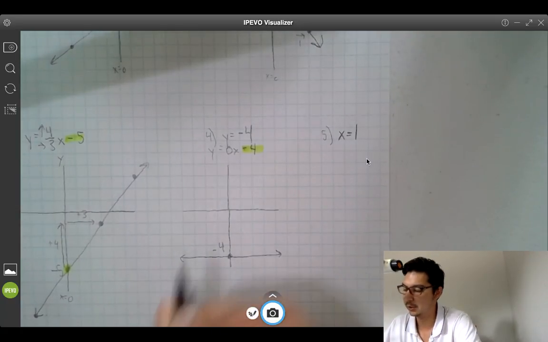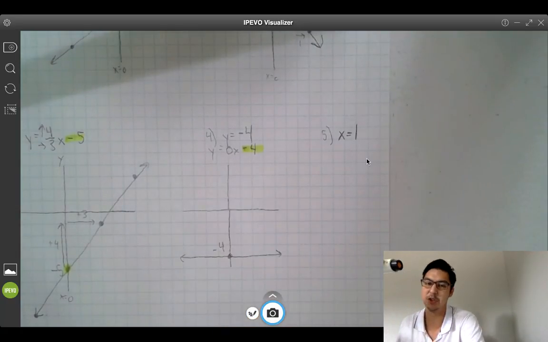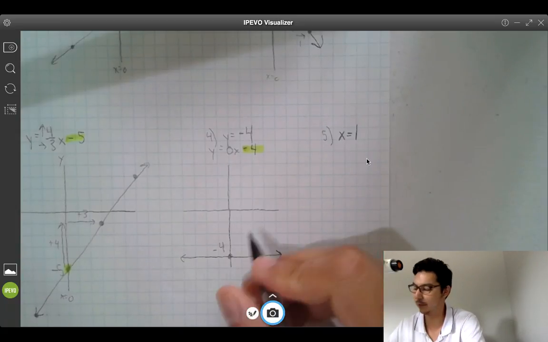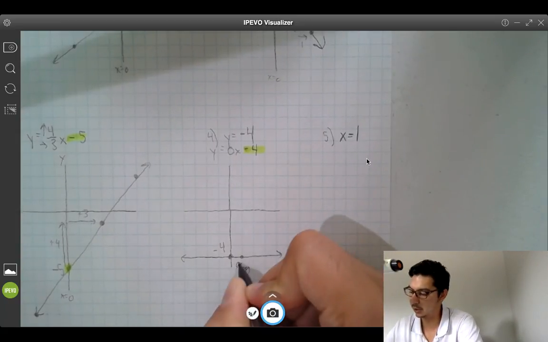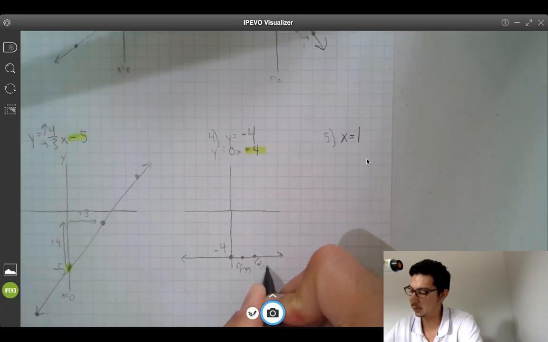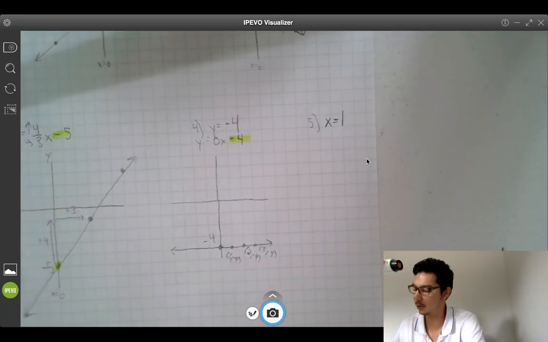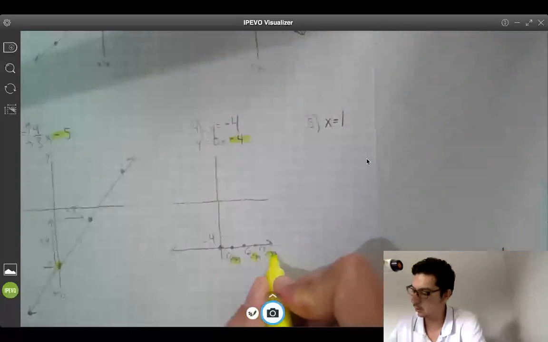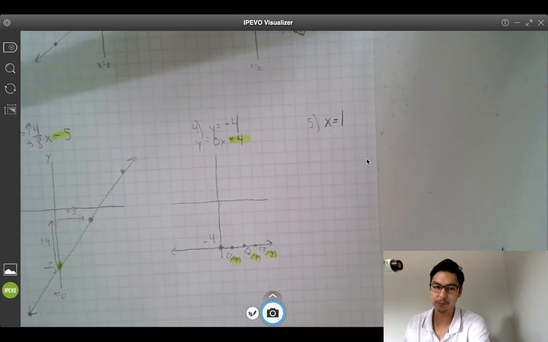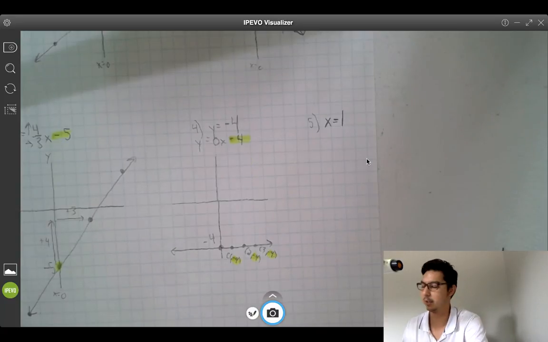So that's why your slope is 0. You're not changing. You're just staying at -4. All of these points, like that's 1, -4, that's 2, -4, that's 3, -4. Notice how all those points, the y value is -4. And that's why it's a horizontal line there.